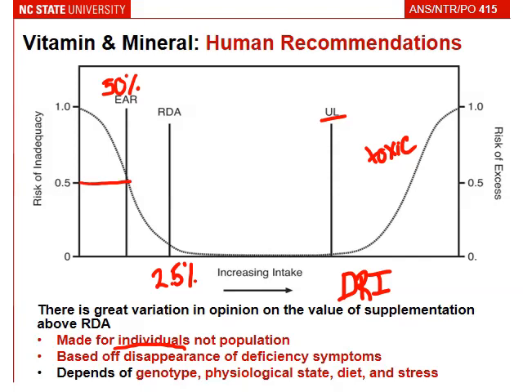So, for instance, if we were to think of vitamin D, currently the recommendation for vitamin D, I believe in 2010, increased from 200 to 600 international units per day. Initially that was based off of the disappearance of rickets.